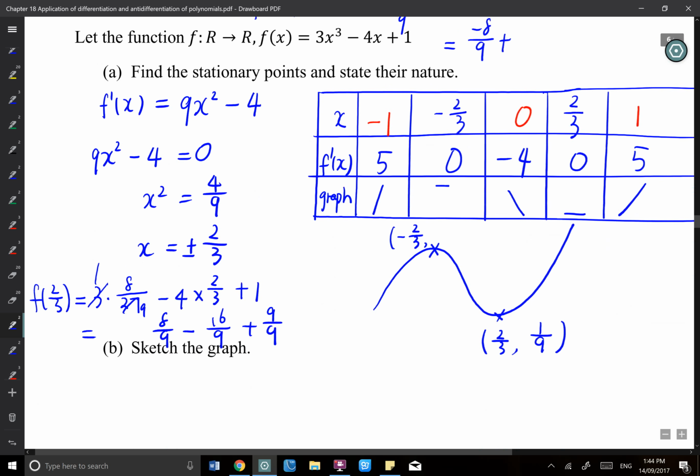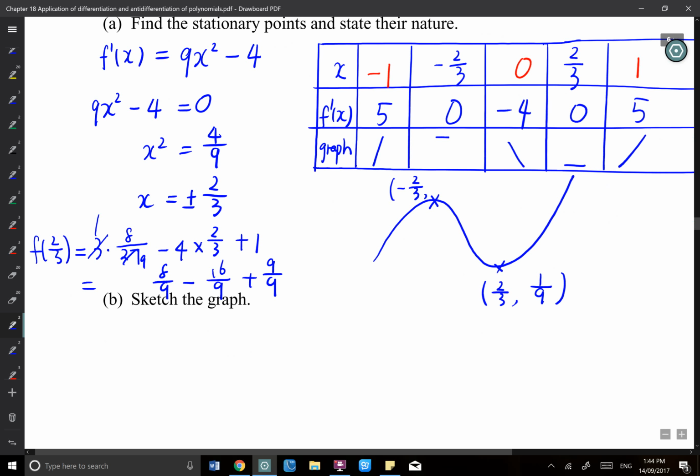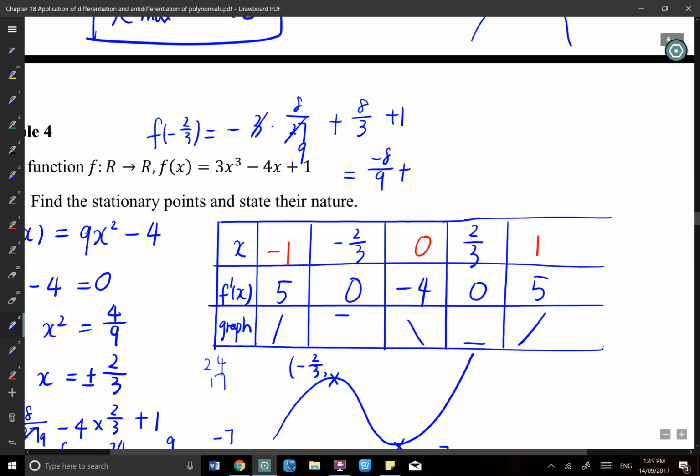Oh, wait. I think I made a mistake here. No, okay. This is 2 times 3, that's 24. Right? 8 over 3 is 24 over 9. And then that will be 24 minus 7 over 9.